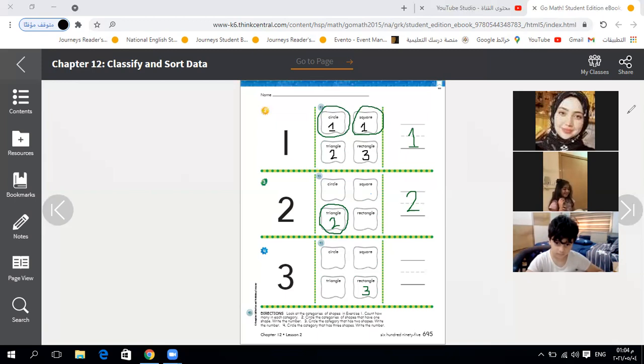Come on Hala. Hala, now I want you to circle the category that has 3 shapes. If we go back to the previous category, can you tell me where it is? Can you circle the category that has 3 shapes? Can you name it?